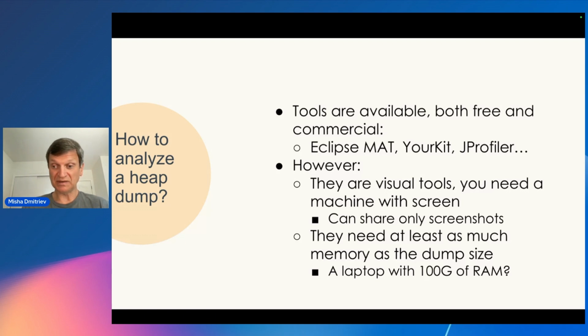But what if your heap dump is taken on a production machine with 100 gigabytes of RAM and the dump itself is 100 gigabytes? How do you find a machine with so much memory and a screen attached? You will probably need to jump through some hoops once again, and that can be difficult.